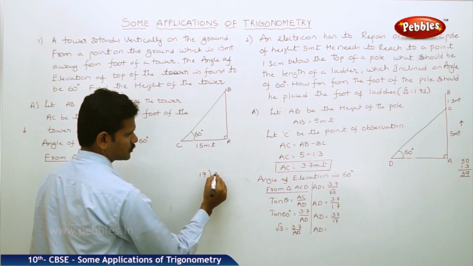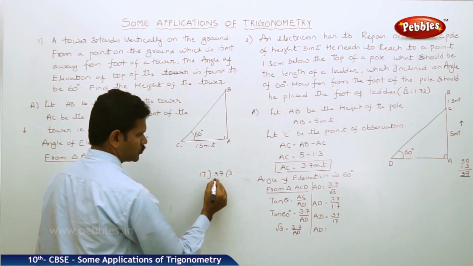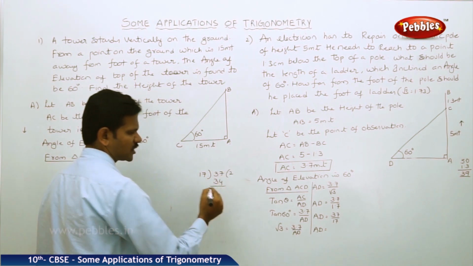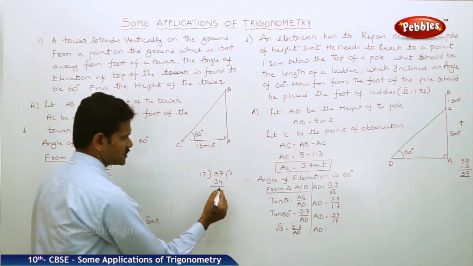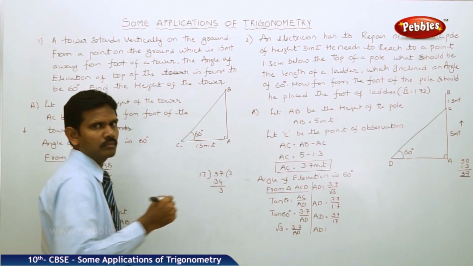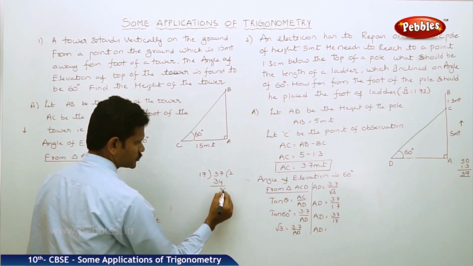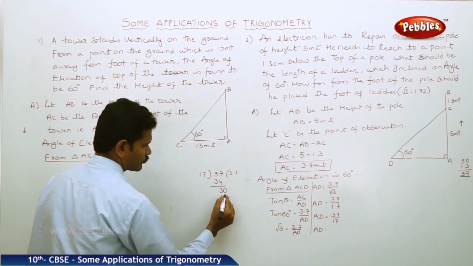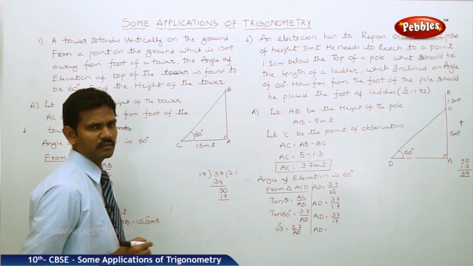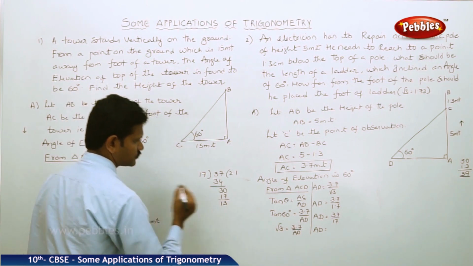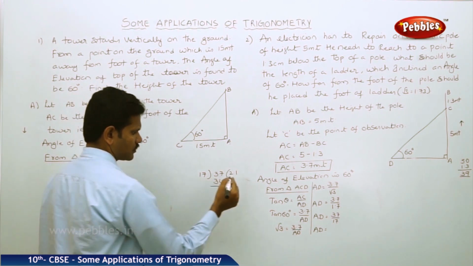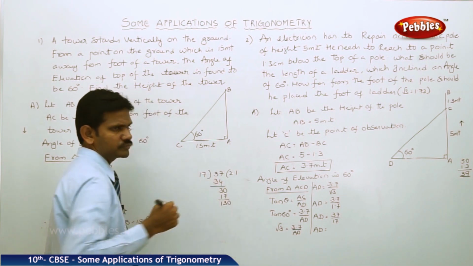17 table: 37. 17 twos are 34, that is 3.0. One time 17, that is 13 is the remainder, again place 0.